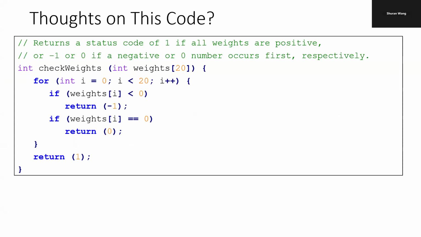Any thoughts on this code? And because we're looking for magic numbers, which numbers are magic numbers? And because we have a high level comment up there, you'll know what this code is doing.